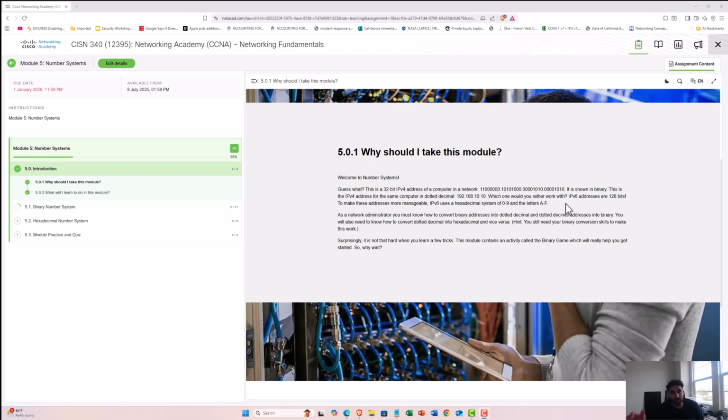It's 0 through 9, A through F. So to represent one digit, it's going to be a 0, 1, 2, 3, 4, 5, 6, 7, 8, 9, A, B, C, D, E, or F, 16 in total. All right, so in hexadecimal, to represent one digit, it's going to be one of those 16 characters.